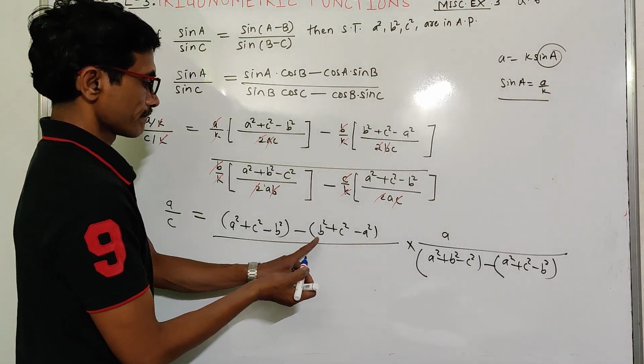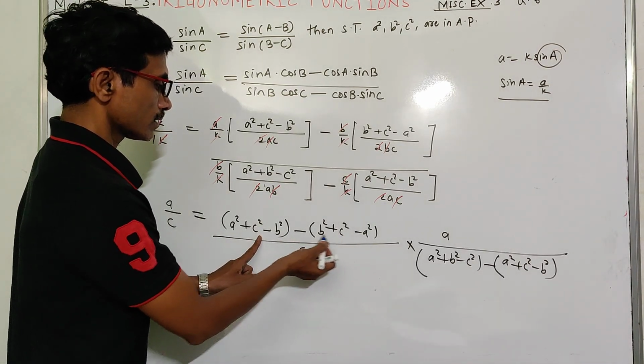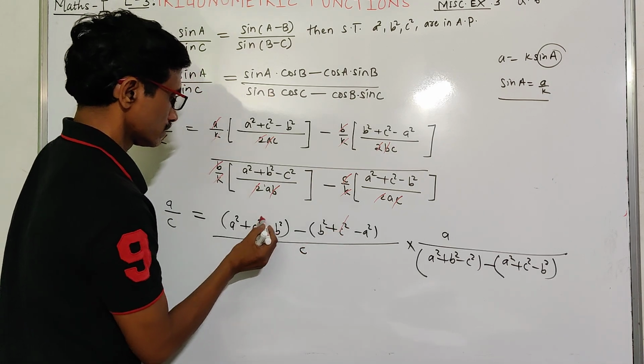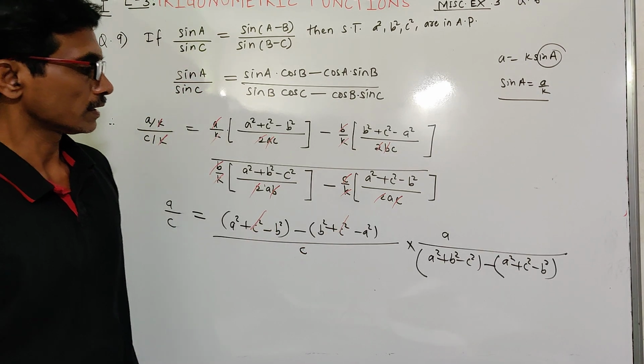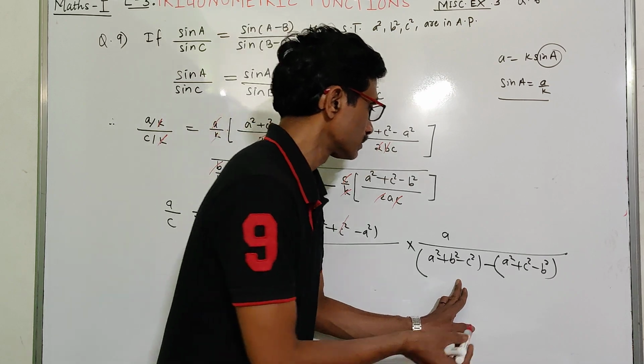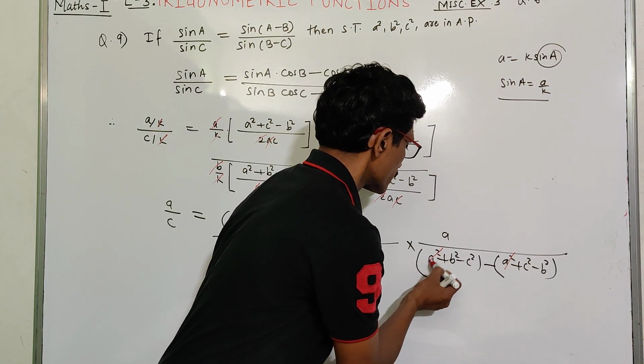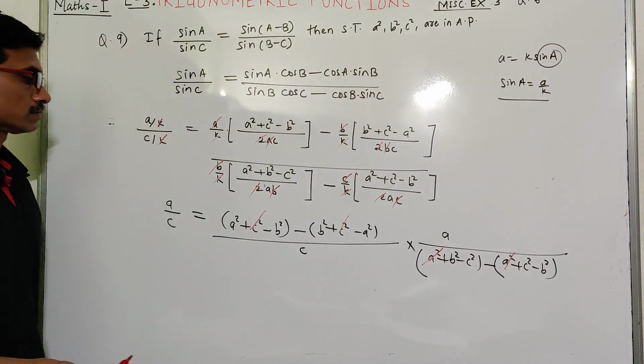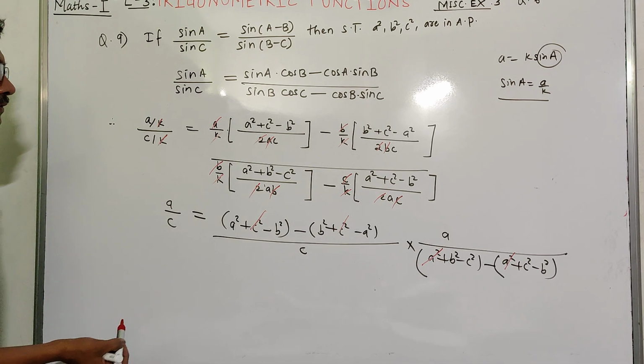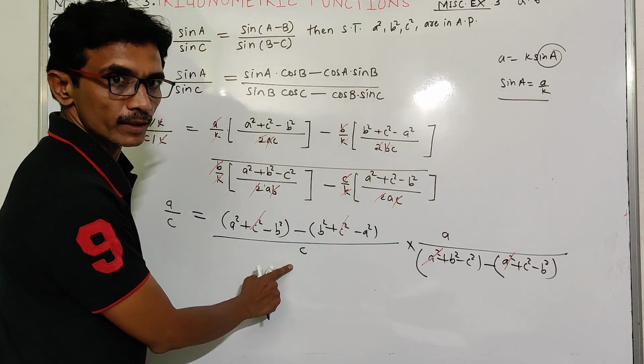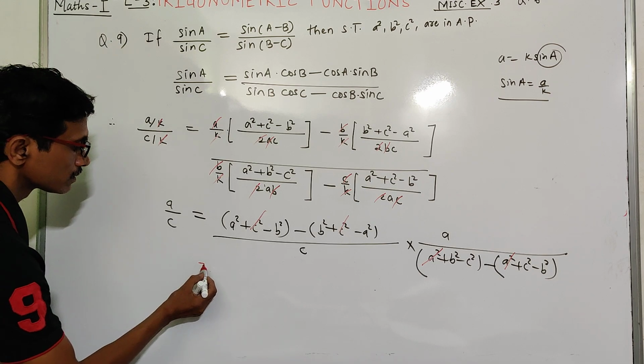Here the c square and c square is getting cancelled. Here in the denominator this a square and a square is getting cancelled. Then what is left? This a and c in denominator we can write first.